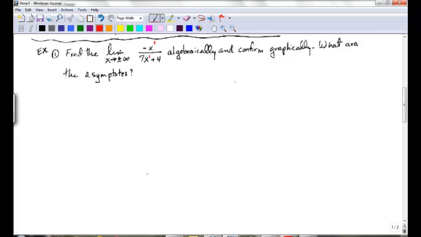The degrees are the same, so what is the limit? Negative 1/7. It's the ratio of the leading coefficients.